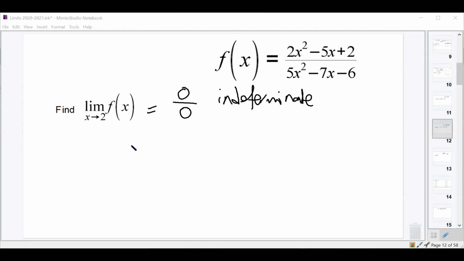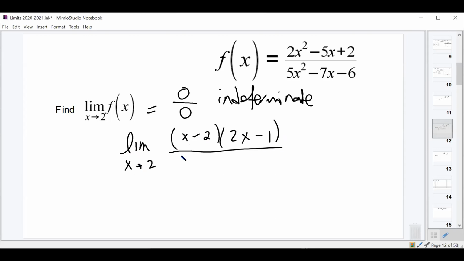All right, what do we factor that top to be? 2x minus 1 and x minus 2? Does that sound right? And the bottom, x minus 2 and 5x plus 3?